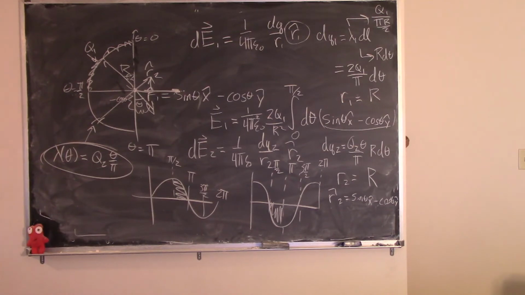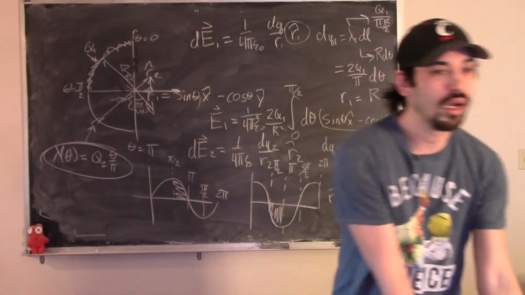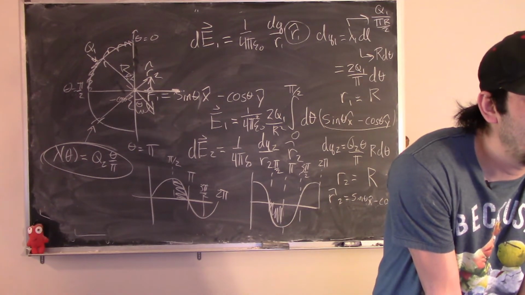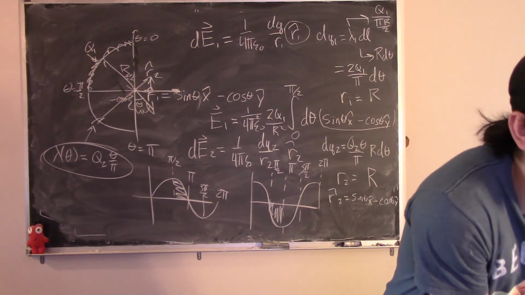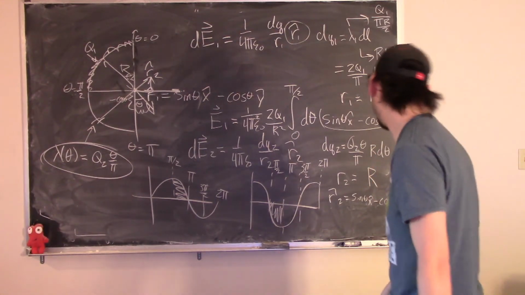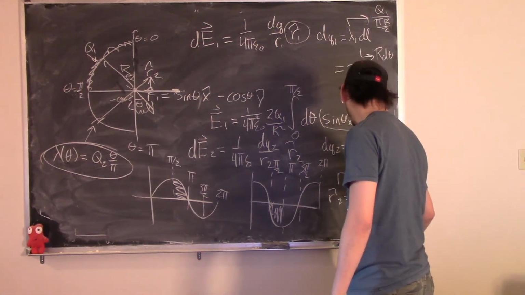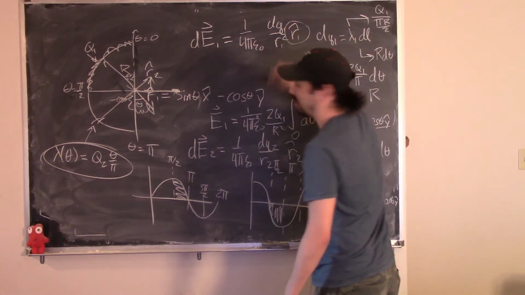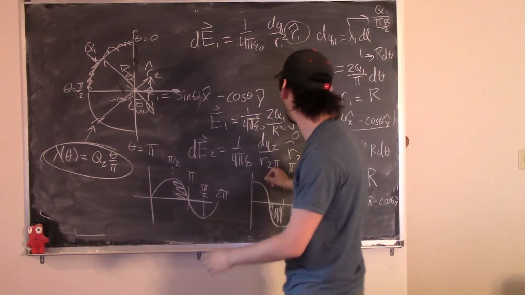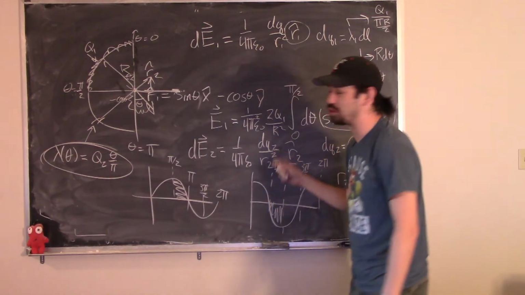Now the next one is, why is there an r hat but not an r squared? Oh, thank you. Garrick is the master of spotting my twos.